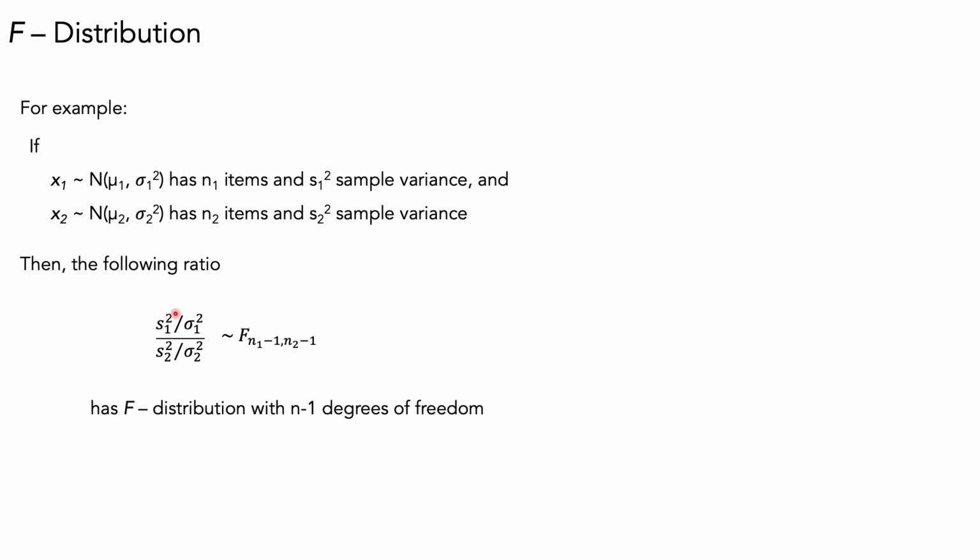You go back and see the example of the chi-square distribution. It will make it very clear for you. So this one is the F distribution having n1 minus 1 and n2 minus 1 degrees of freedom for the numerator and denominator.